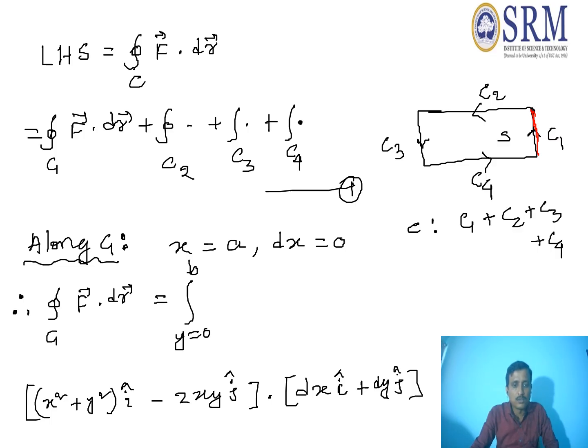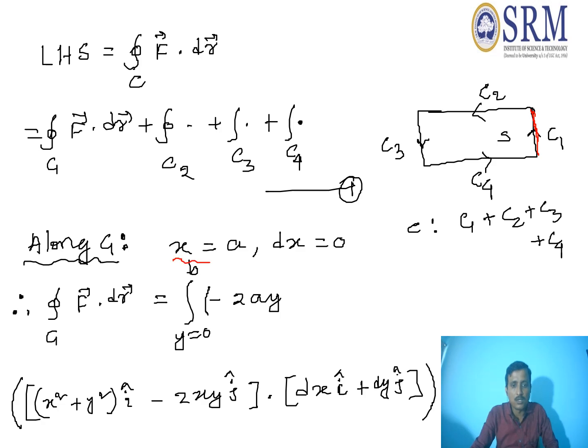So this is the rough work basically. So you do this dot product. So you will get minus 2ay. After substituting x is equal to a, you will do this dot product and substitute x is equal to a value, and dx is equal to 0.